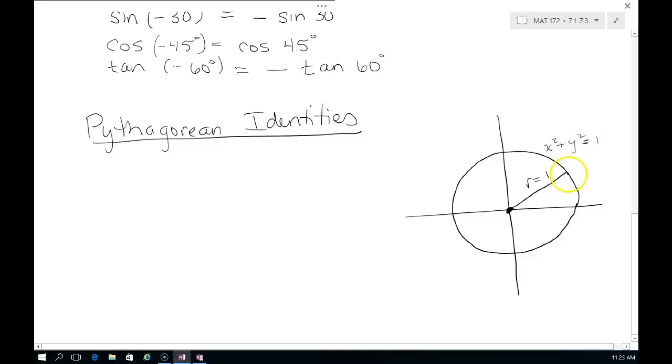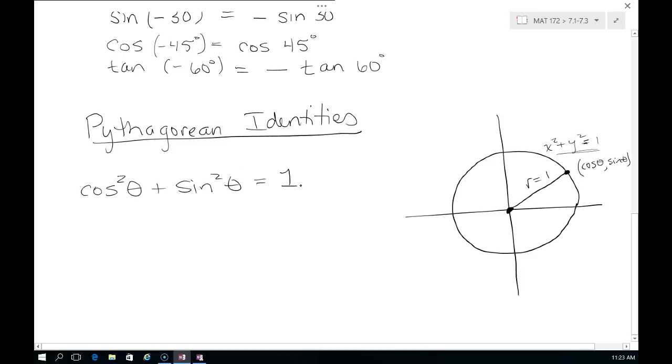And if you remember, the points on the edge of this circle were cosine theta, sine theta. The x values were cosine and the y values were sine. So if we replace the x with cosine and we replace the y with sine, in that equation for the circle, we get cosine squared theta plus sine squared theta equals 1.